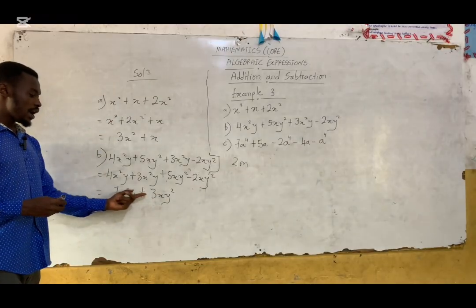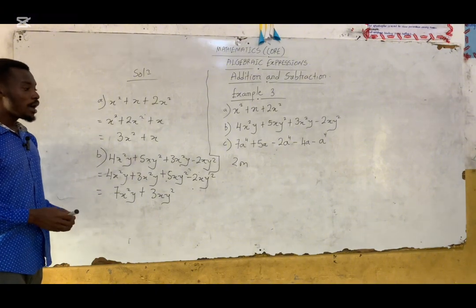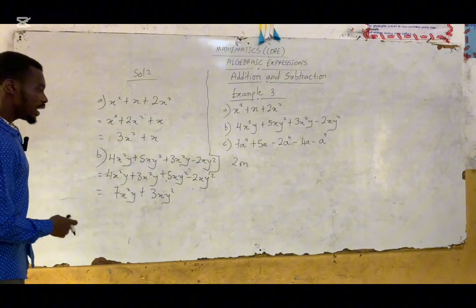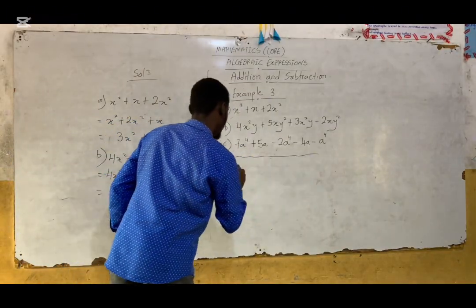Now this is x squared y and this is xy squared. We can't do anything about them. That becomes our solution. Now the last one, that is C.